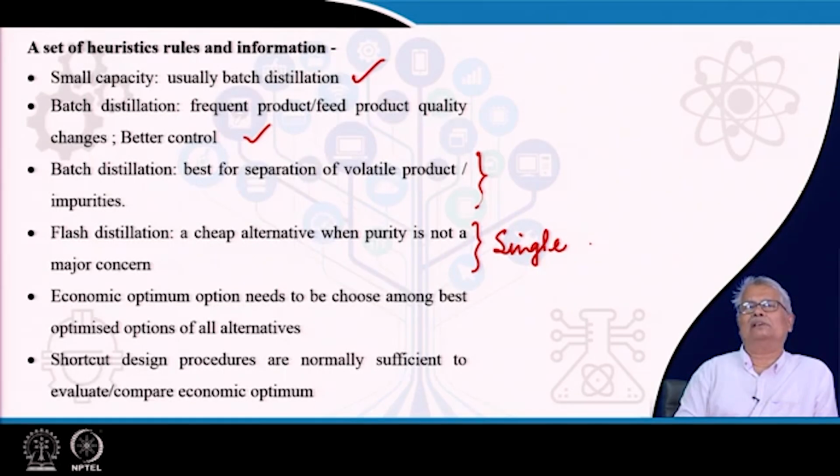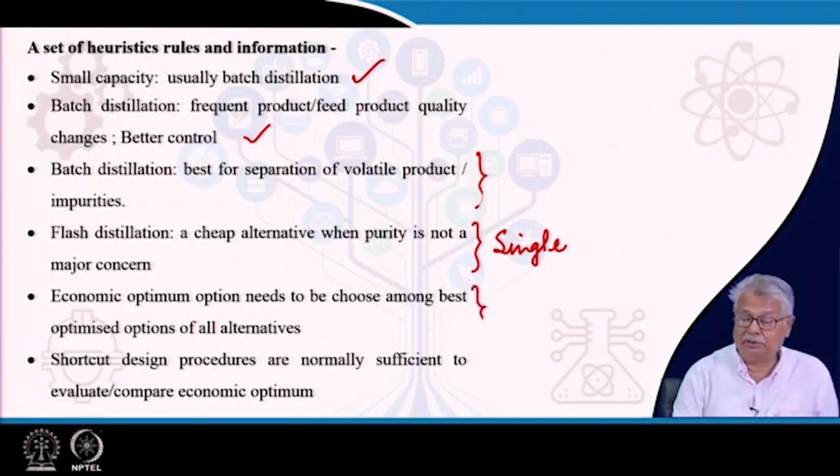But one big advantage is it's a cheap alternative, easy to operate. What you have to control basically is the flash drum pressure, and we will see a little more detail about this in the next few slides. The quality produced with respect to the purity of the vapor may not be very precisely controlled even.